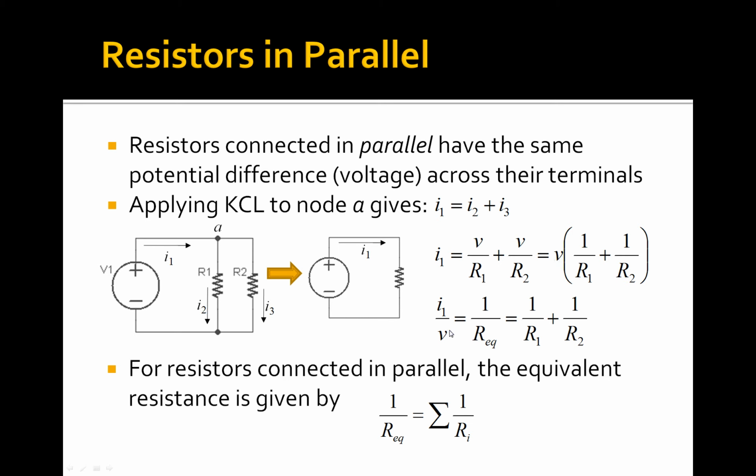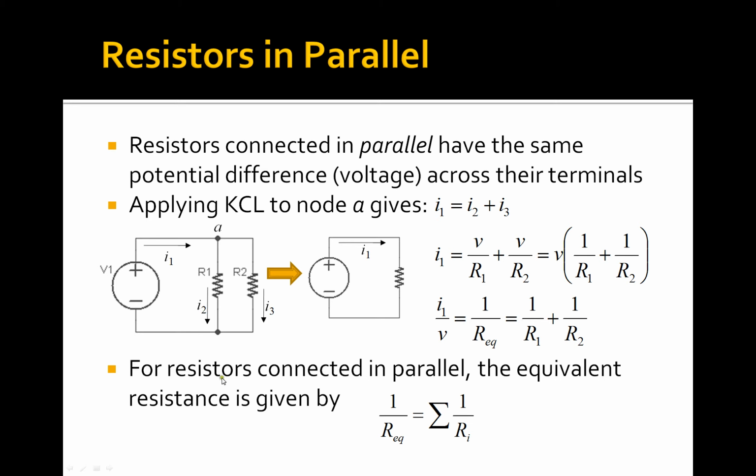If I rearrange, remember that I over V is the same thing as 1 over R. So 1 over R equivalent is equal to 1 over the first resistor plus 1 over the second resistor, and we can extend that for however many resistors we have in parallel.